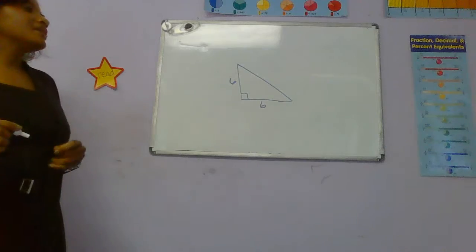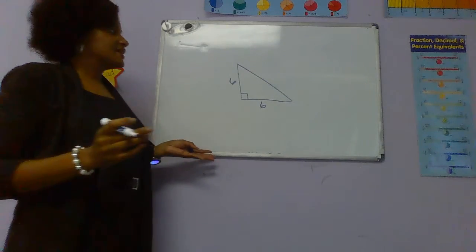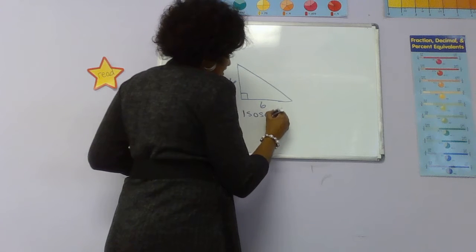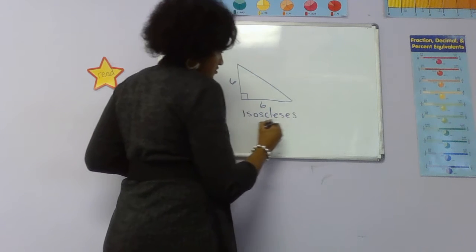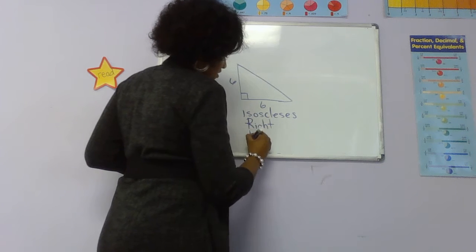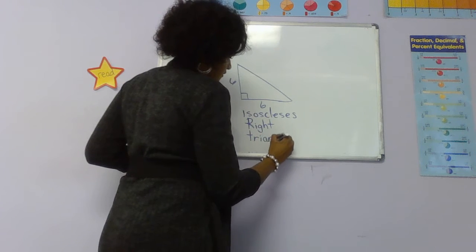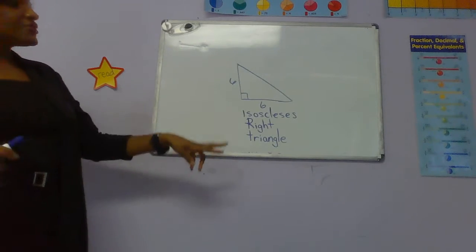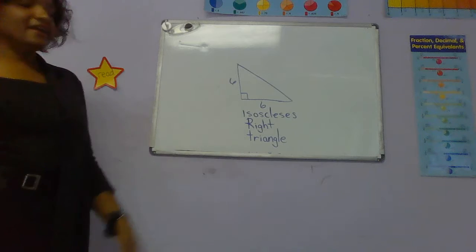I'll just give you, this is isosceles, and I can never spell this, right triangle. It's an isosceles right triangle. So the two sides are equal, and it has a right angle.